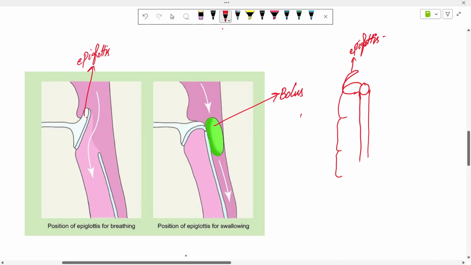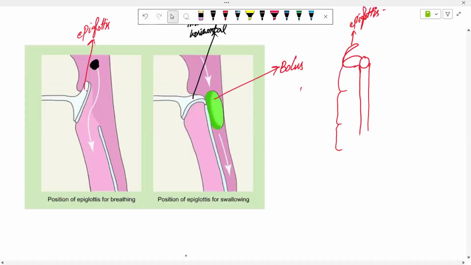Whenever a bolus tries to enter into the trachea, it becomes more or less horizontal, which prevents the entry of bolus into the trachea, and the bolus goes into the esophagus.